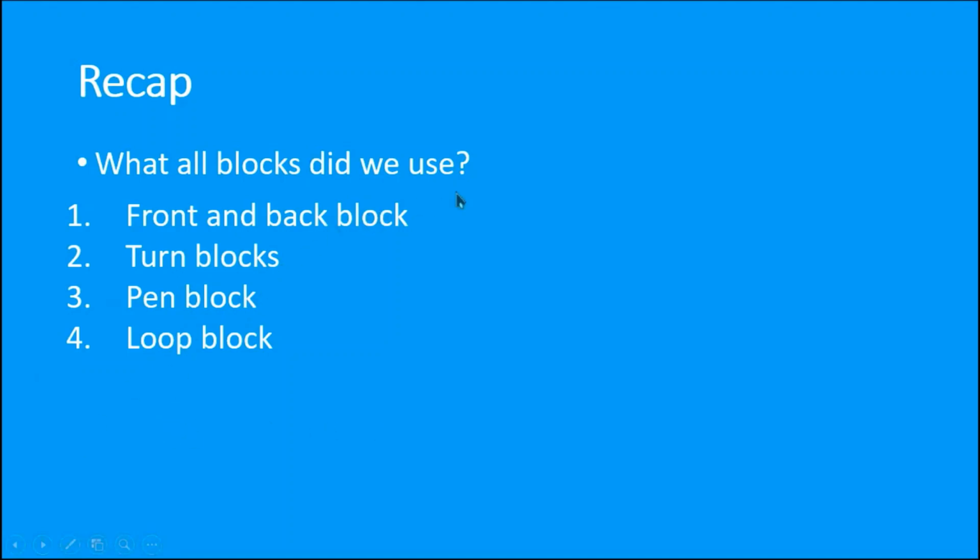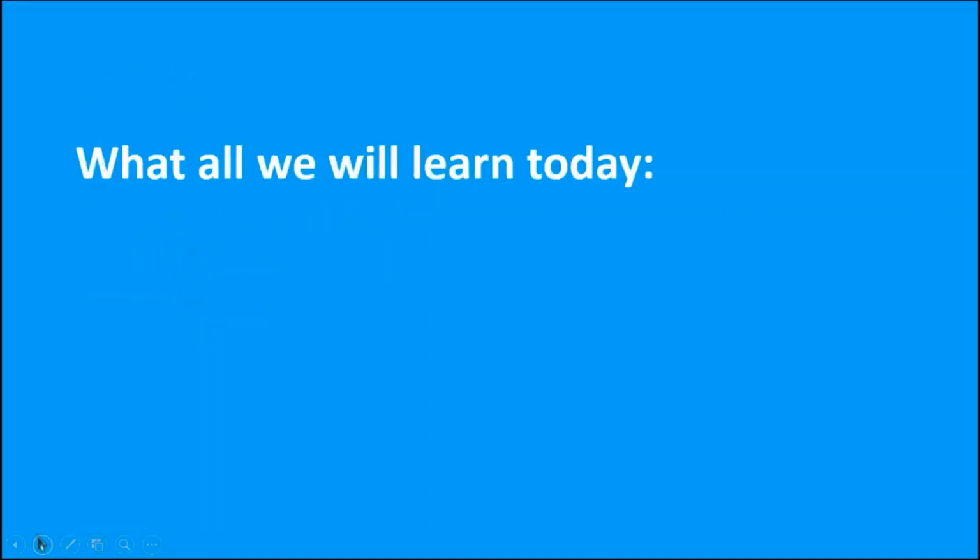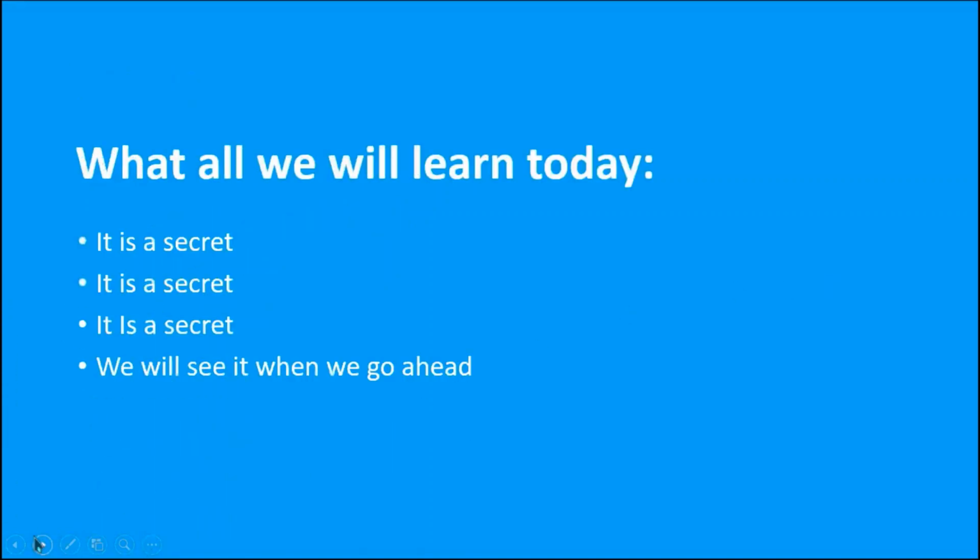Now let's see what we'll be learning today. I can't tell you because it is a secret, and we'll see it when we go further. Now let's go to iRobot and start making the robot today.